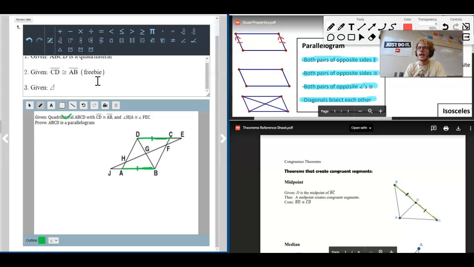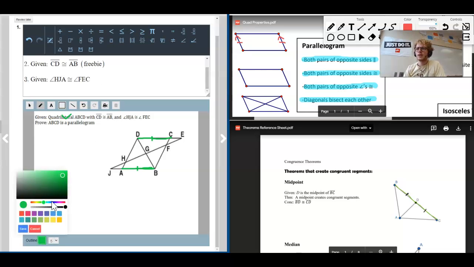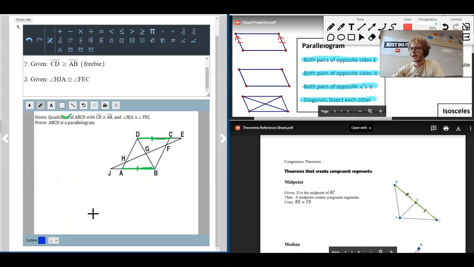which is angle HJA is congruent to angle FEC. So I'm going to come down here, I'm going to change my color to make it easier for myself, and HJA. So that's talking about this angle right here.